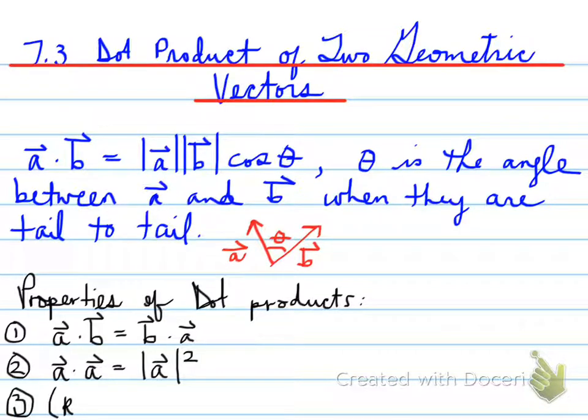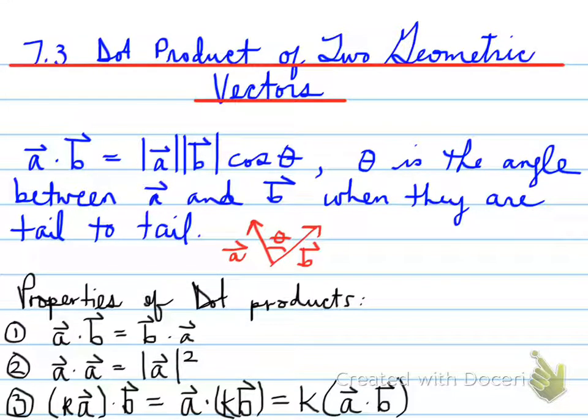Alright, next property. We have a scalar value k times vector A dot vector B. Well, we can remove that scalar value and attach it to B if we want, or we can take out the scalar value completely and we're left with A dot B. The beauty of that is that we can manipulate dot products in order to solve problems.